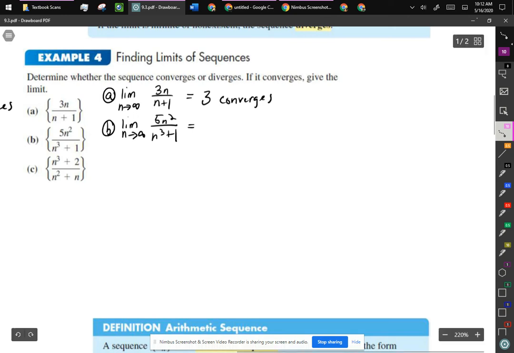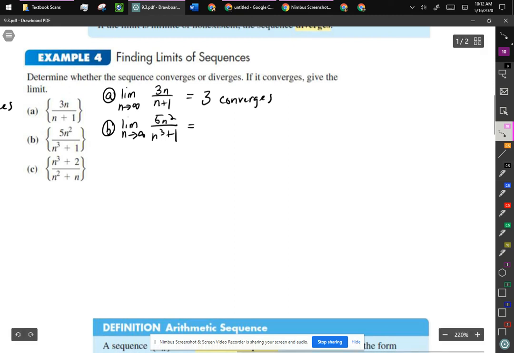And this is bottom heavy, which means that if I can ignore the 1, it's 5n squared over n cubed. Even though I'm multiplying that by 5, this is going to dwarf in comparison to that because, well, what's n squared over n cubed? That's just 1 over n or 5 over n, right?